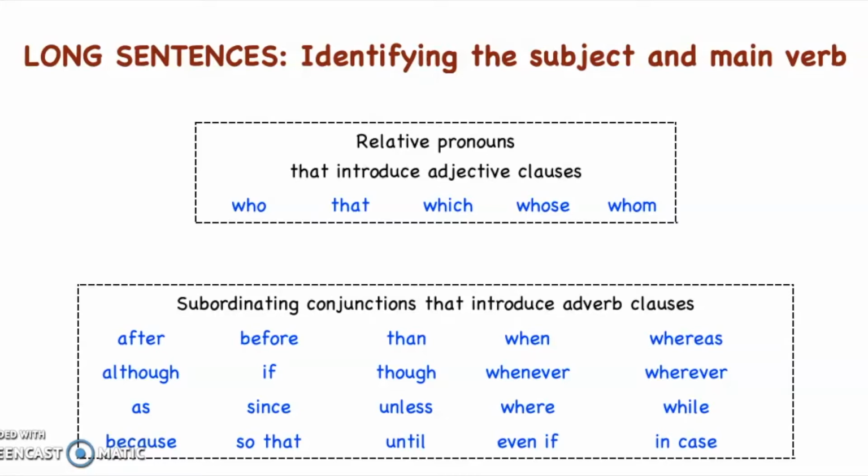And in complex sentences, there are dependent clauses that start with words like who, that, which, whose, and whom. Those are words that begin an adjective clause, or that start with these words here, such as after, before, because, and so forth.